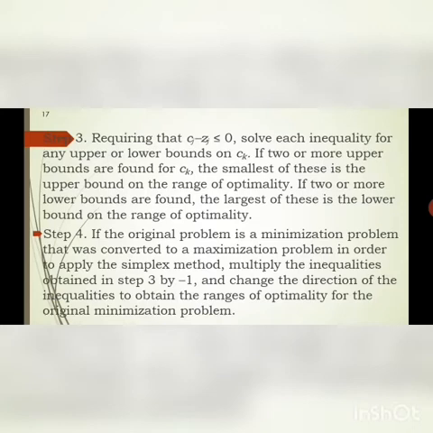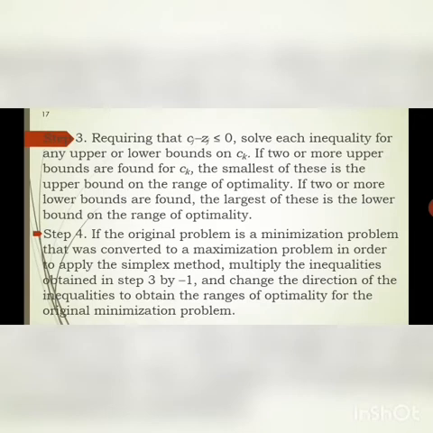Step 4: if the original problem is a minimization problem that was converted to a maximization problem in order to apply the simplex method, multiply the inequalities obtained in step 3 by -1 and change the direction of the inequalities to obtain the ranges of optimality for the original minimization problem.